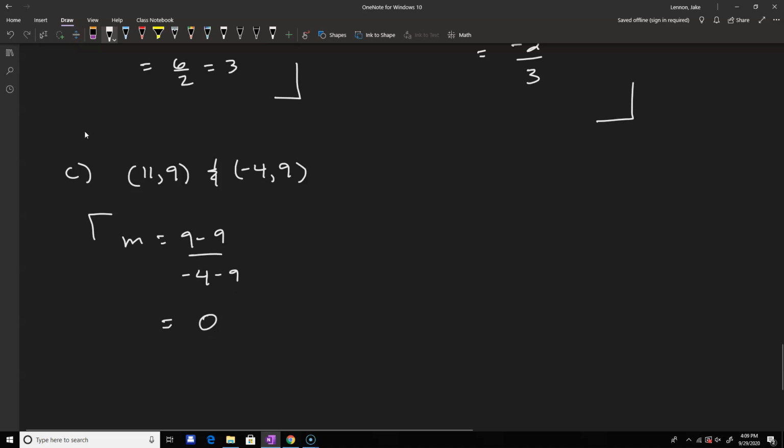Oh, sorry, I did the wrong point on the bottom there. This should be a -4 minus 11. So I should get 0 over negative 15. And when 0 is on top of the fraction, that is a 0. So this is what's going on here. We have a horizontal line passing through the points.